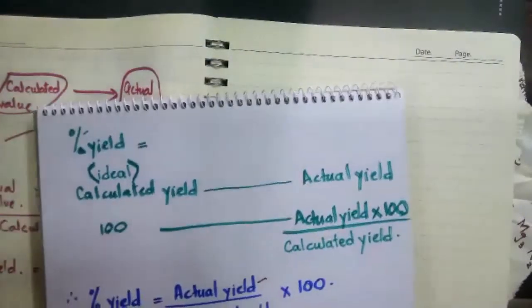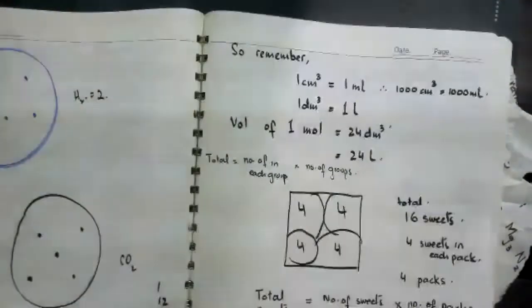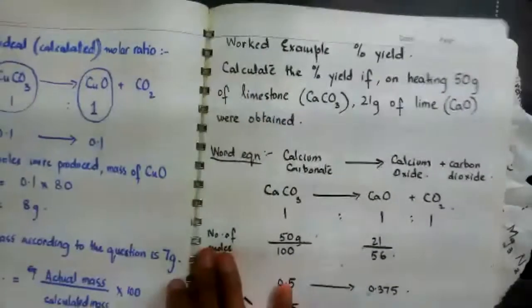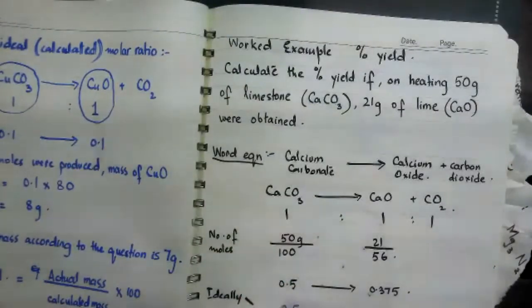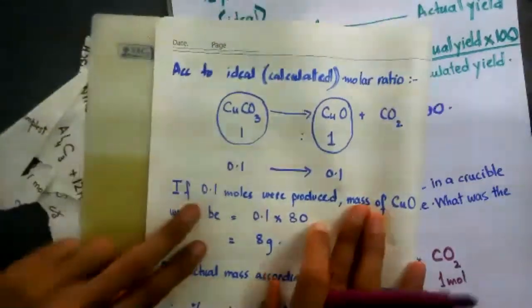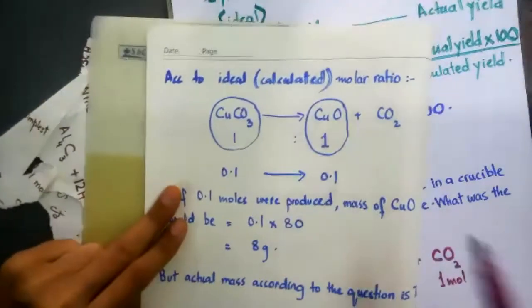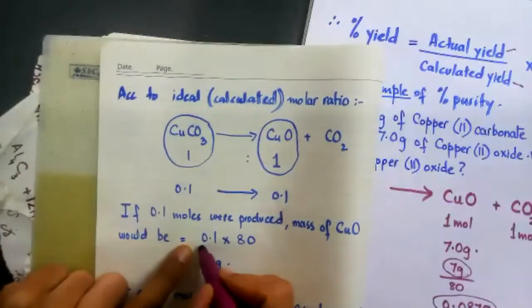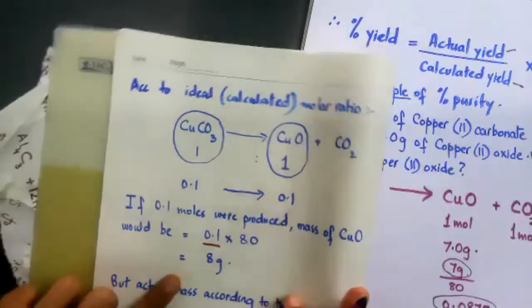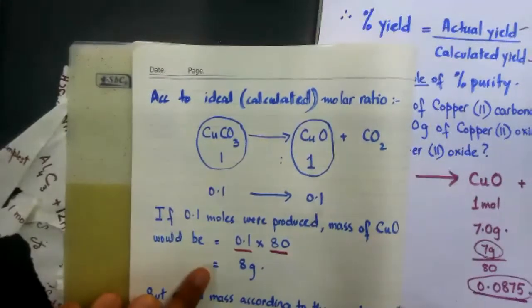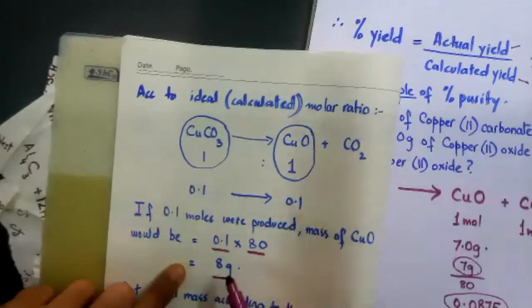For that, it should have produced 0.1 moles. And if the moles were 0.1, then by multiplying it by the molecular mass, which is 80, I know that the ideal mass should have been 8 grams.